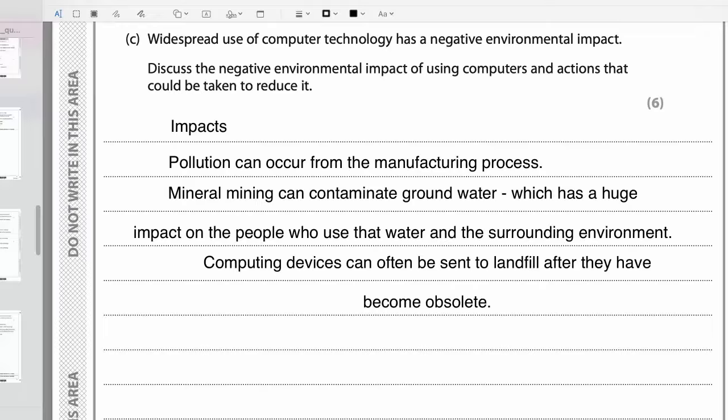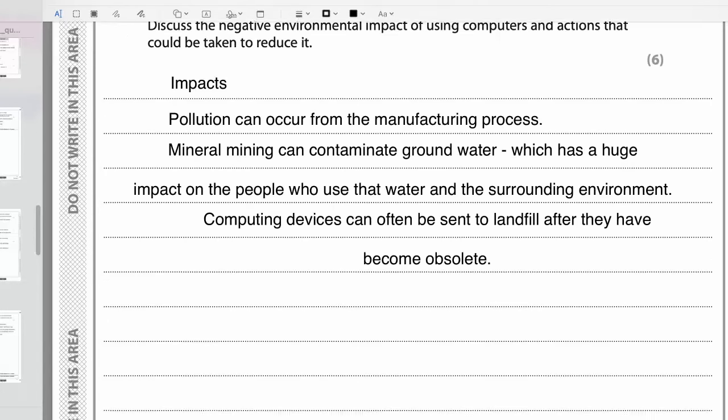We've also got computing devices can often be sent to landfill after they become obsolete, and maybe I could add to that it's polluting the ground, and obviously we're going to run out of landfill spaces. It's not ideal to put rubbish junk into the ground and bury it because it simply won't disintegrate. So maybe at least 3 impacts there.